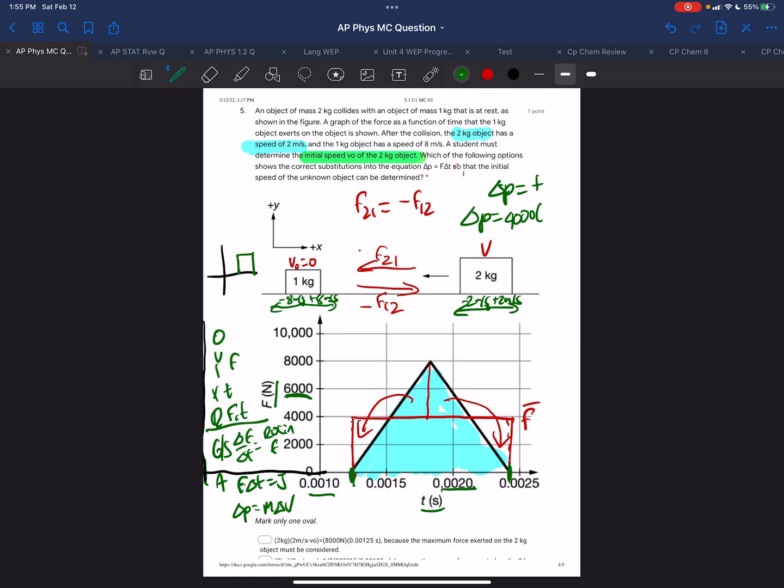This looks like about 0.00125, and this looks like 0.0024 perhaps. Looks like that's the change in time. Which shows the correct substitution into delta P so that the initial speed of the object can be determined.